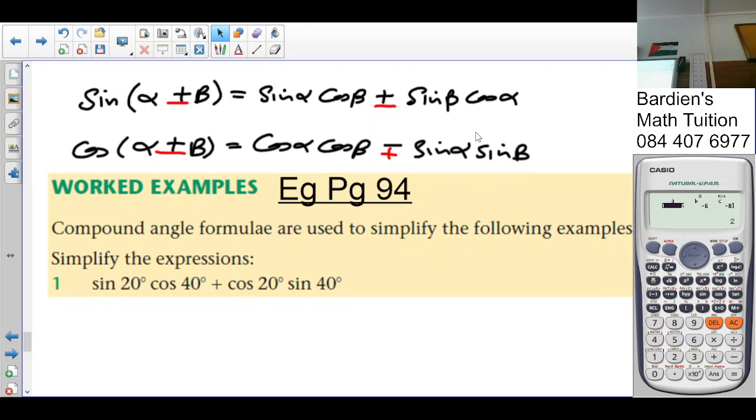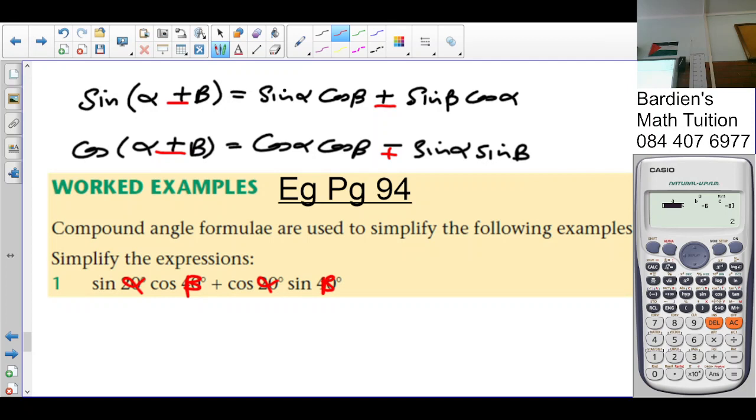So here we are told the compound angle formula are used to simplify the following examples. Simplify the expression. So we got sine 20 cos 40 plus cos 20 sine 40. Okay, so what do we note here? Now, in terms of 20, you must see that is an alpha for argument's sake. So this is the same as saying sine alpha cos beta.